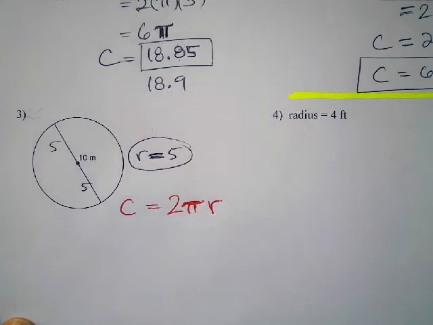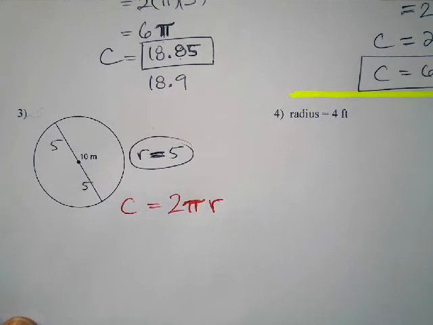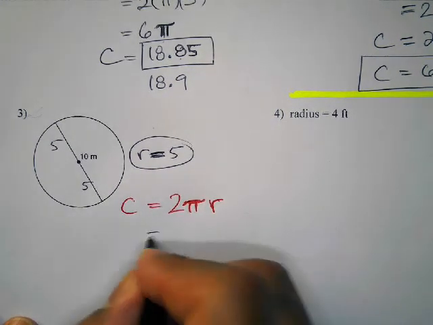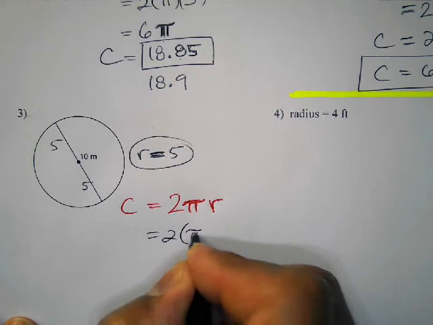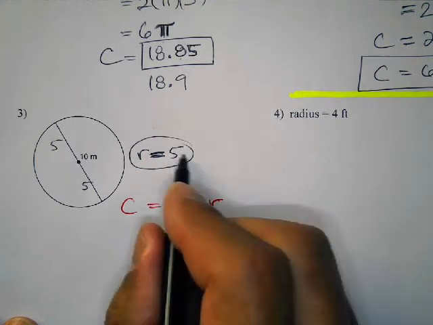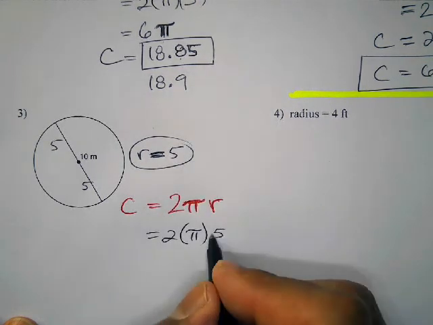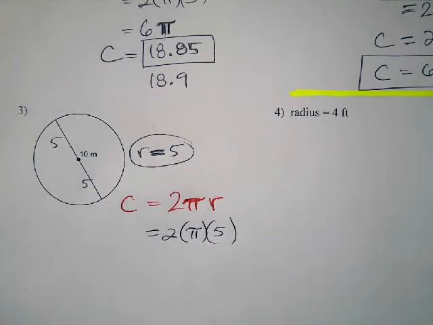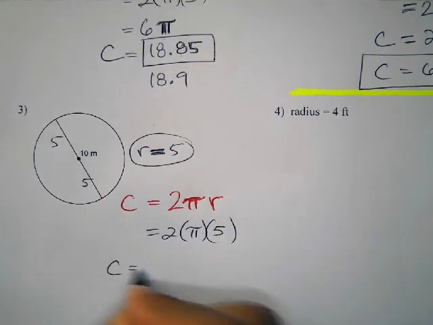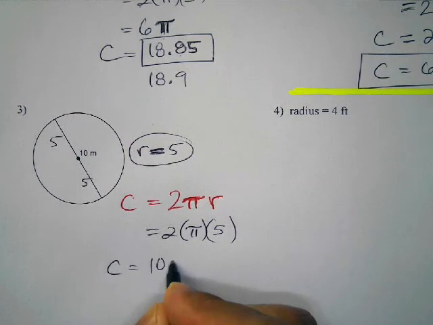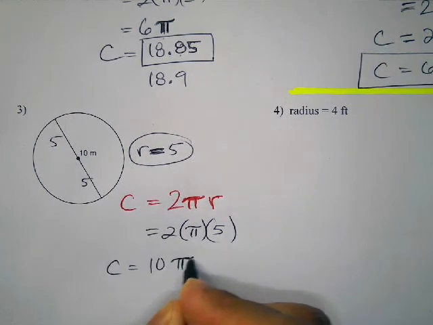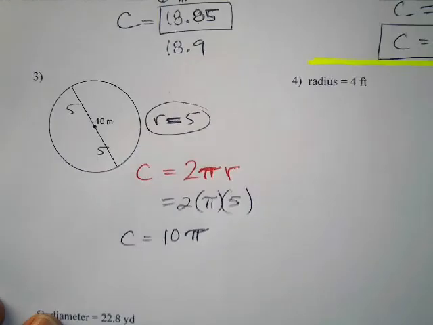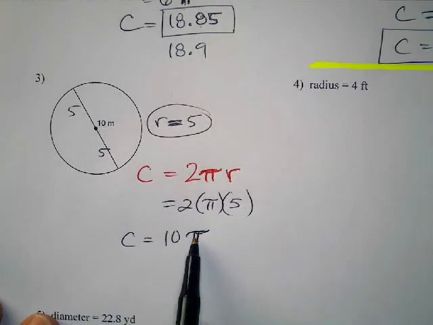Circumference is equal to 2 times pi times r. That's going to be 2 times pi times r, which is 5. You could put 5m for meters, or just put the 5. We're just going to multiply the numbers. So that's going to give me what? 2 times 5 is 10. It's going to give you 10 pi.